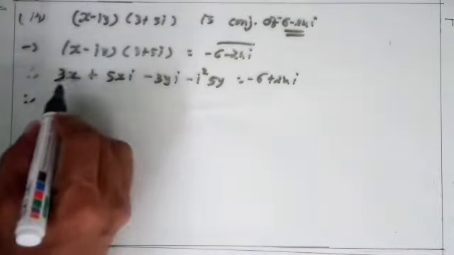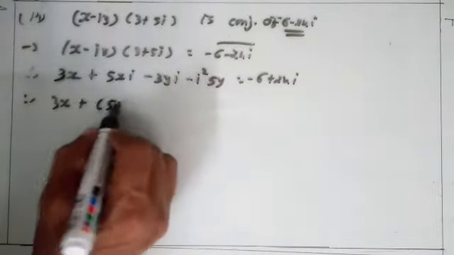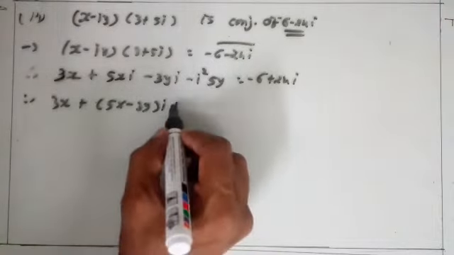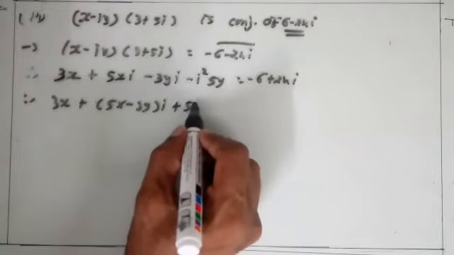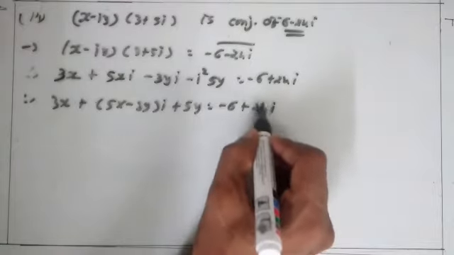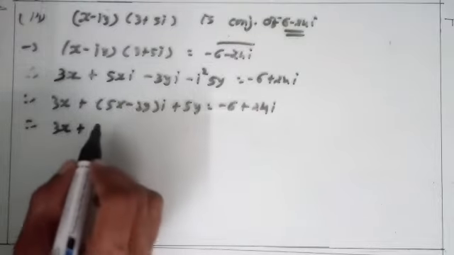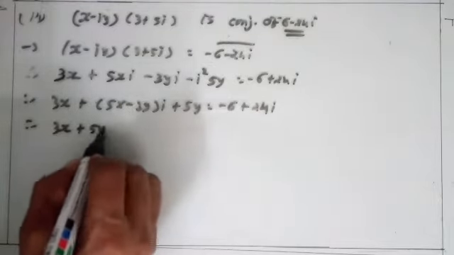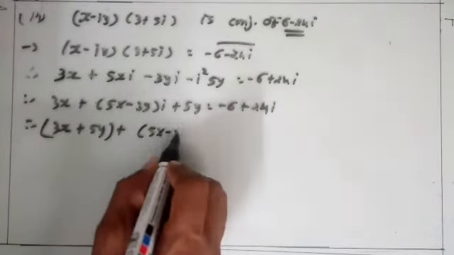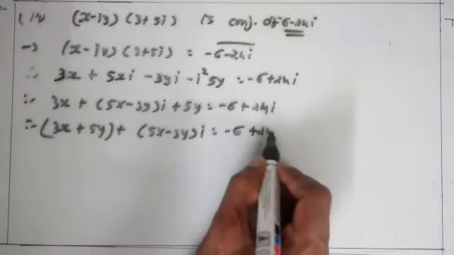Therefore here 3x plus i take common from this, 5x minus 3y into i. i square is equal to minus 1, so becomes plus 5y is equal to minus 6 plus 24i. Clear this? So change into standard form, 3x plus 5y plus 5x minus 3y into i is equal to minus 6 plus 24i.